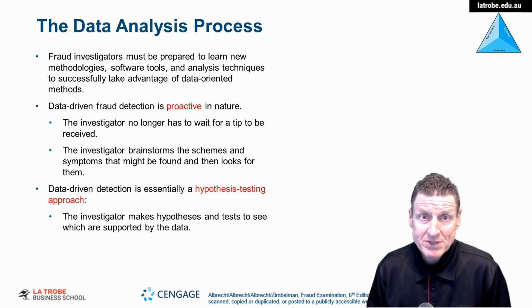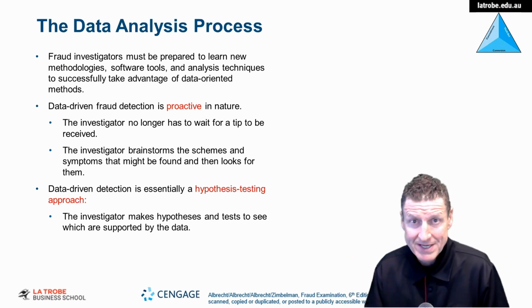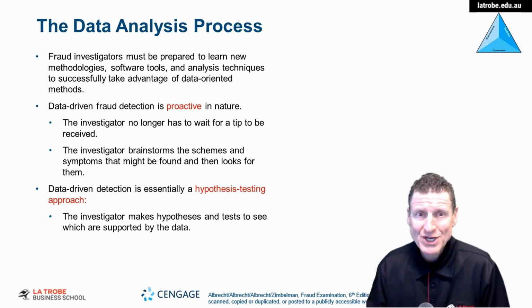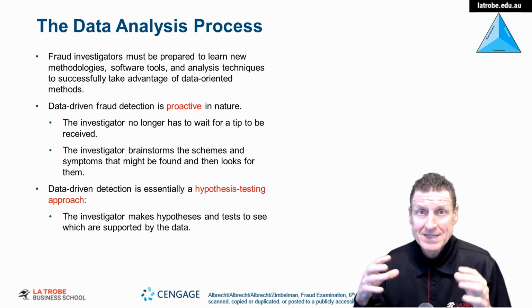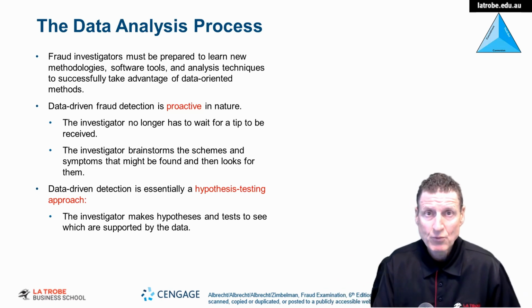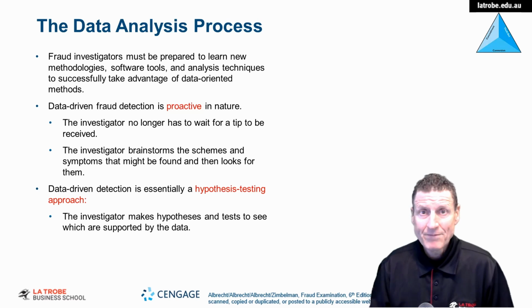The data analysis process, remember, we're looking to look at 100% of the data, and we want to take a proactive approach. And it's all about taking control of the investigation process, whereas sitting back and waiting for the tips or symptoms to arise is not very proactive.